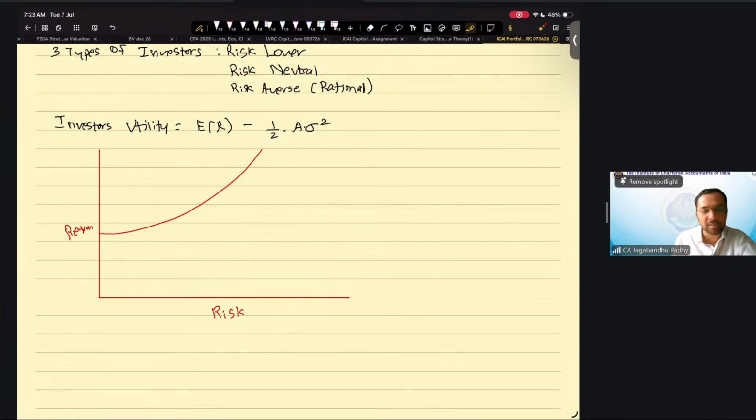That's denoted by this investor's utility. And this utility is matched against the efficiency frontier that we see in the market. And this portfolio X, which is a point of tangency between the utility and efficiency frontier, is considered to be the portfolio which will be offered to the investor.